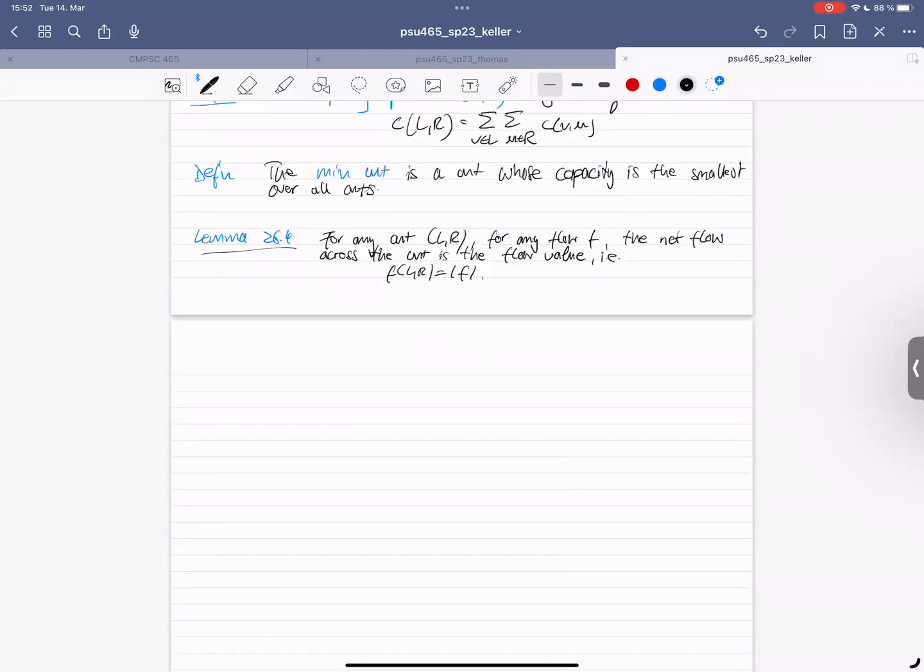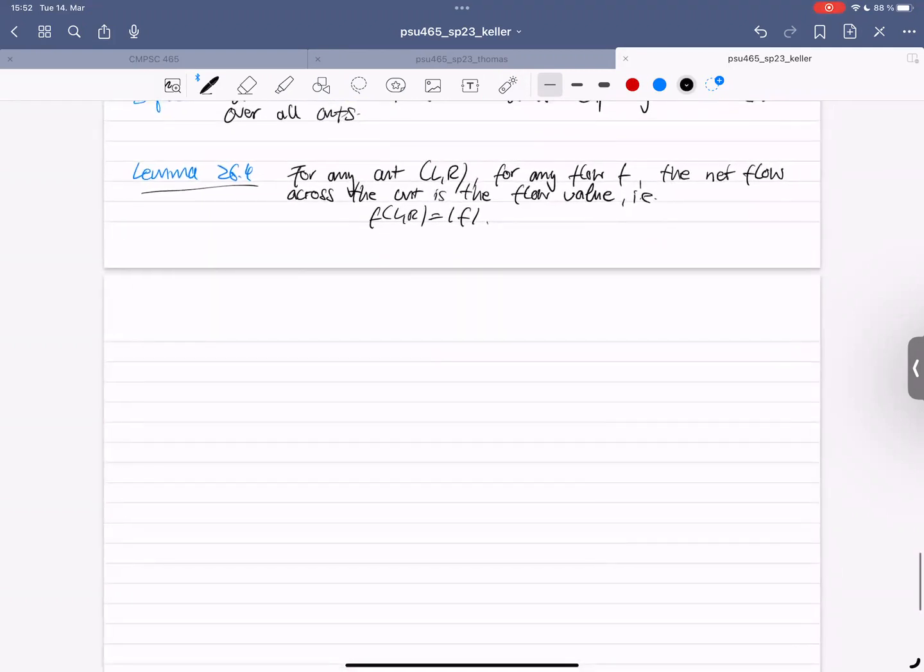So let's see. This was the claim, and let's see how we can prove this. This is, as I said, a bit technical, but conceptually very simple. So we start with the definition. I'll do this step by step, so whenever something is not clear, or if it's just my spelling, please ask me. We start by defining the value of the flow: everything that leaves S minus everything that comes back.